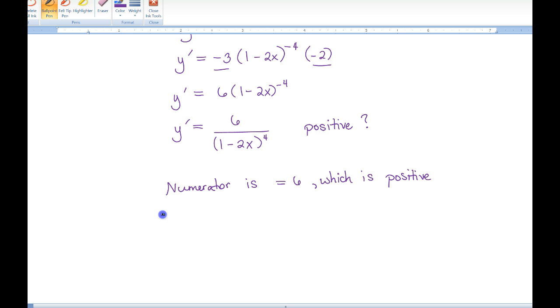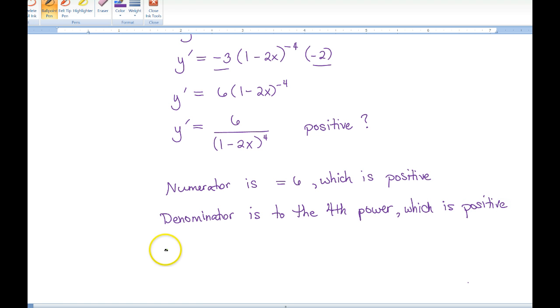And the denominator is to the 4th power, right? And anything to an even power makes that positive. Therefore, positive divided by positive must be positive.